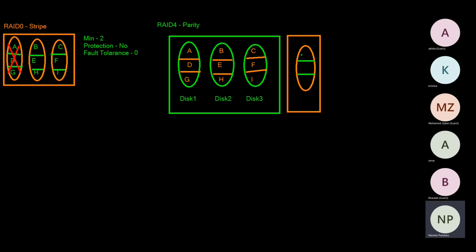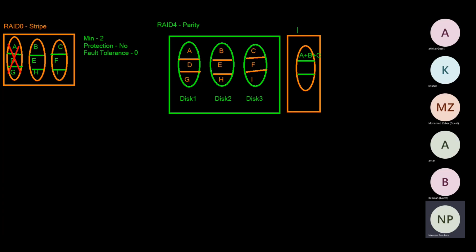So in parity, what will it have? It will have all the data. Normally in 3 disks, I have A, B, C, right? So in parity, I'll have all the disks' data. In stripe 1, I have A in disk 1, B in disk 2, C in disk 3. So a combination of all the data will be in the parity disk.